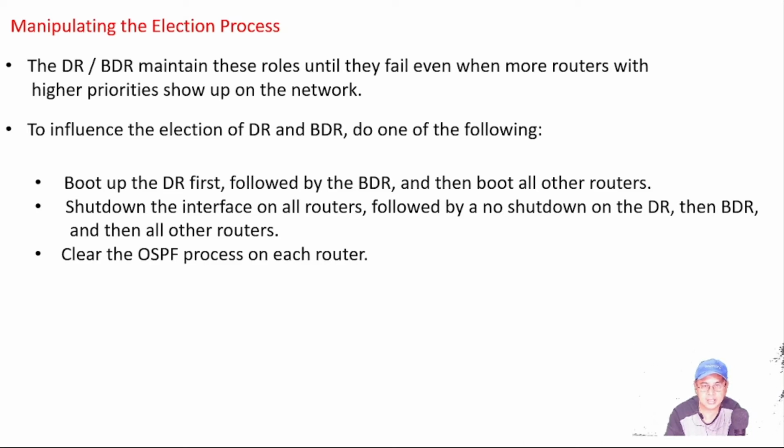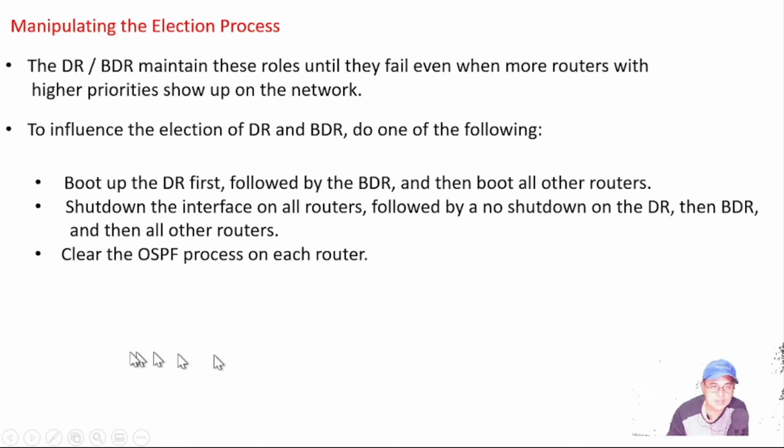If you add another router to that particular network with the highest ID, it will not preempt and be elected as DR, even if the DR in the existing network fails. So that is one important concept that has to be remembered.